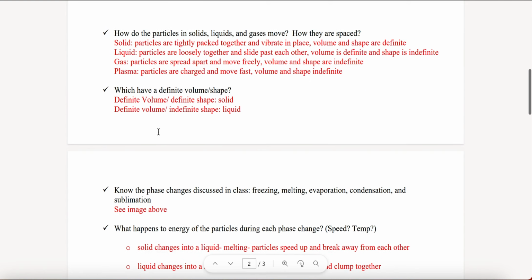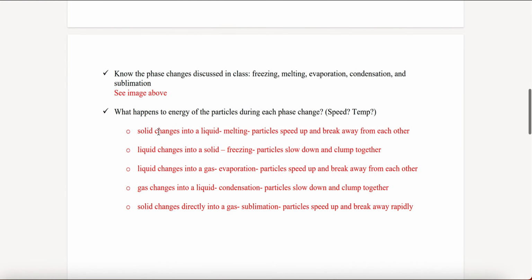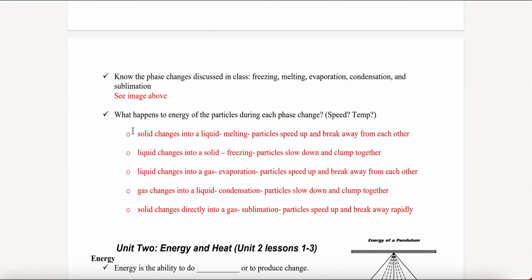So we talked about the image, so that's the question. And this is the last one, then the video's over. So what happens to the energy of the particles during each phase change? So speed, temperature. The first one says solid changes into a liquid.